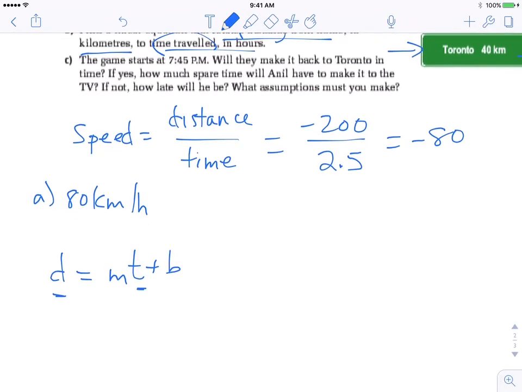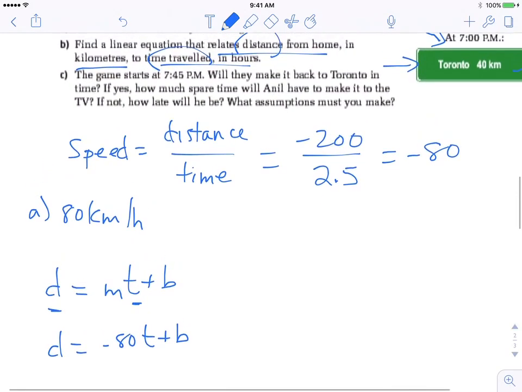That's what it's asking you to do, just to see if you know what variable is represented on the y-axis and which variable is represented on the x-axis. So the distance in this case is going to equal negative 80t plus b. So that's our answer to B.